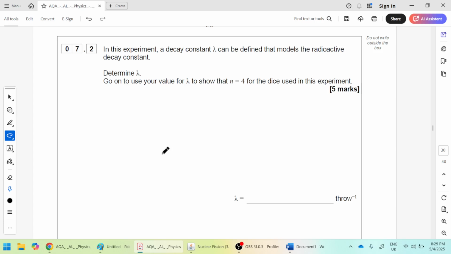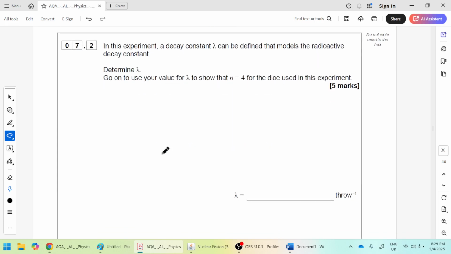In this experiment, a decay constant lambda can be defined that models the radioactive decay constant. Determine lambda. Go on to use your value for lambda to show that N equals 4 for the dice used in this experiment. Let's see what you can use. Let me get the equation sheet and check in nuclear.